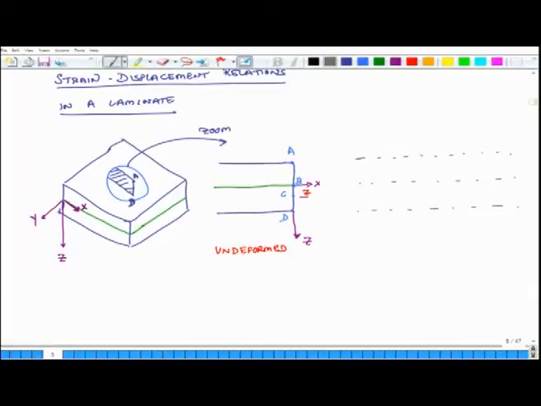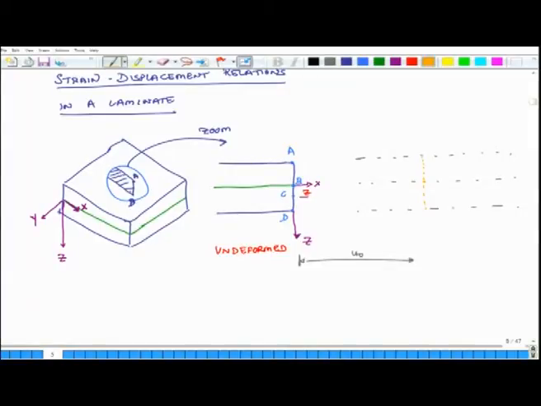So, let us say it stretches by a distance u naught. First, what I am doing is just stretching or pulling this line AD in the positive x direction by a distance u naught, and when I do that, this is my new location. Now this is my mid plane, and then I rotate it.